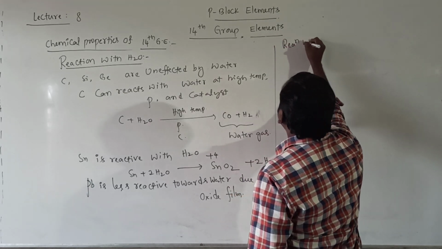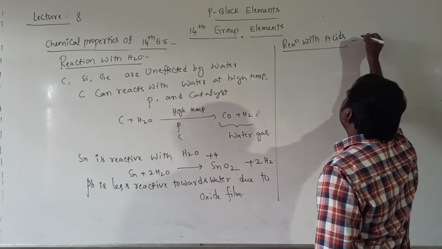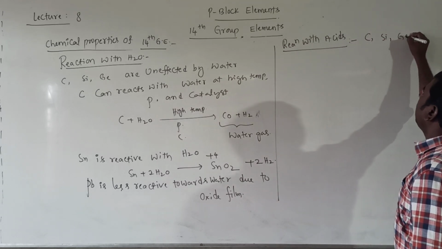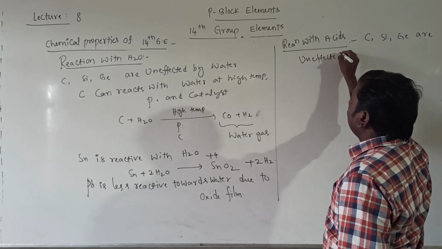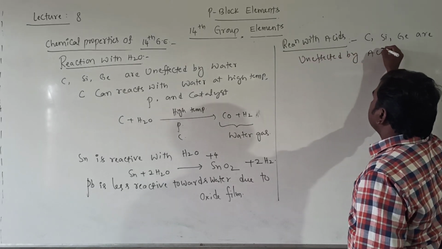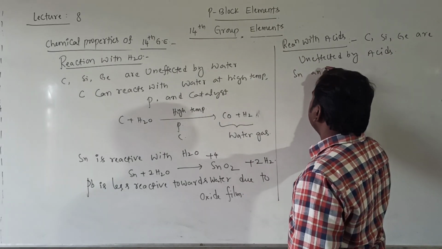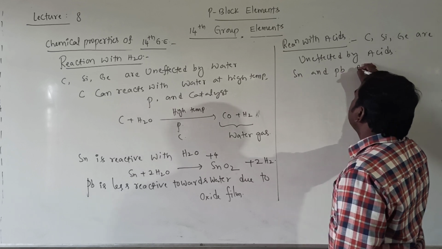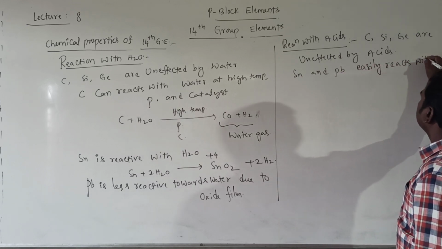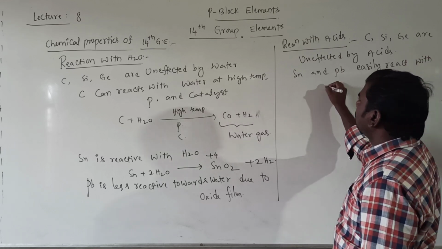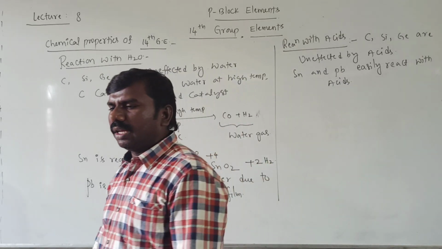Reaction with acids and alkali. Reaction with acids, first of all. Carbon, silicon, germanium are unaffected by acids. Tin and lead easily react with acids because of low ionization enthalpy values.